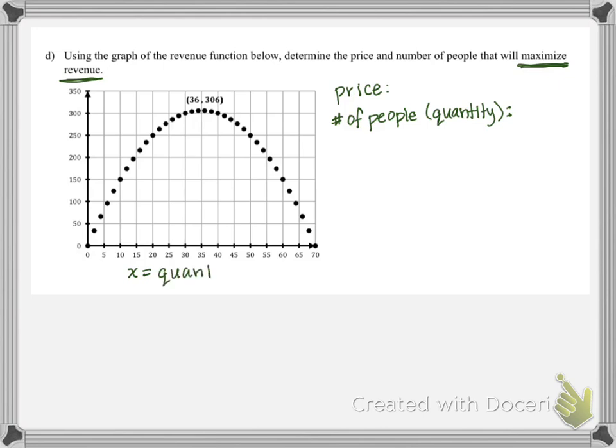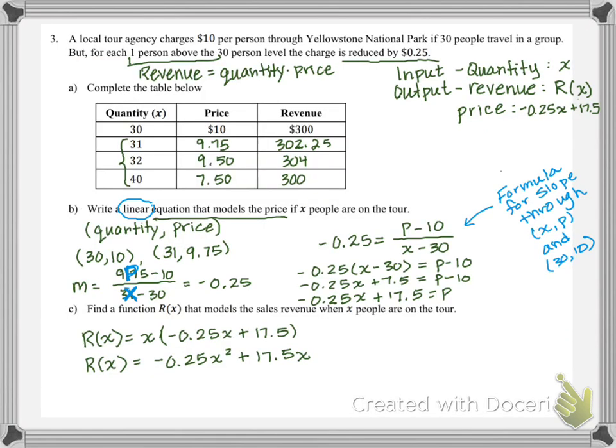And because you never know what variables might be floating around your problem, when you look for what to label your axes, look for where you said input and output, not necessarily x and y, right? They could have said that quantity was represented by q, and then that's the variable we would have used, but we would still label our x-axis quantity.